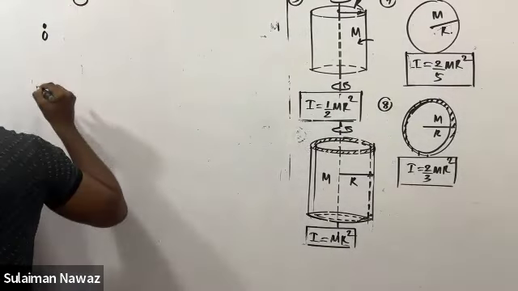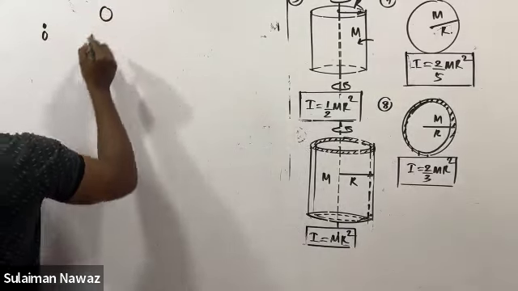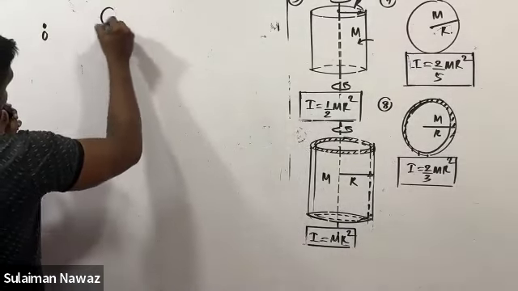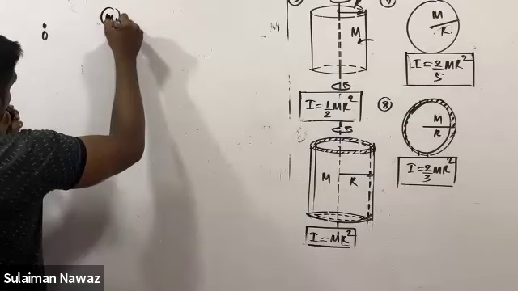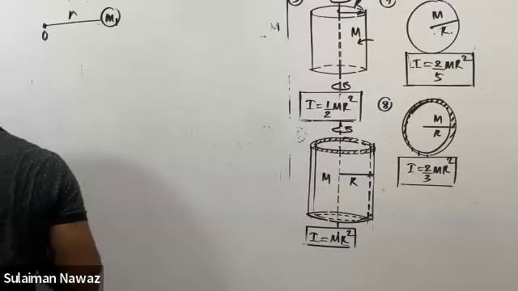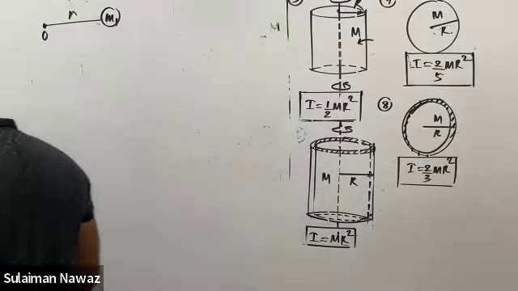This mass is M1, at a distance R. Just think these are point masses.